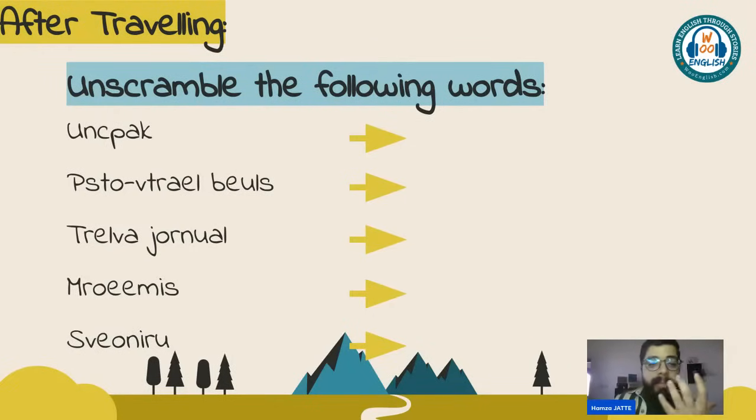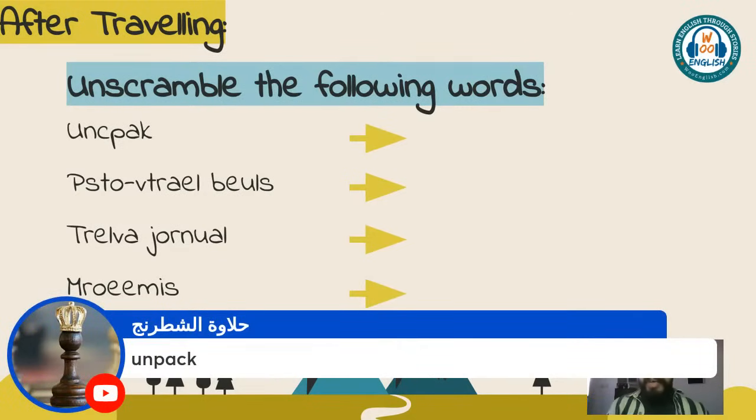So they were scrambled. The letters in these words were disordered. They are not in the right order. So what I want you guys to do is to help me reorganize these words to discover some new vocabulary related to after traveling. Amin already got the first one.